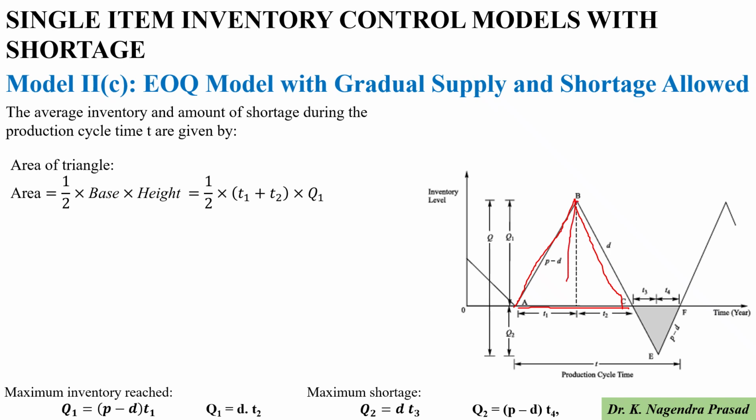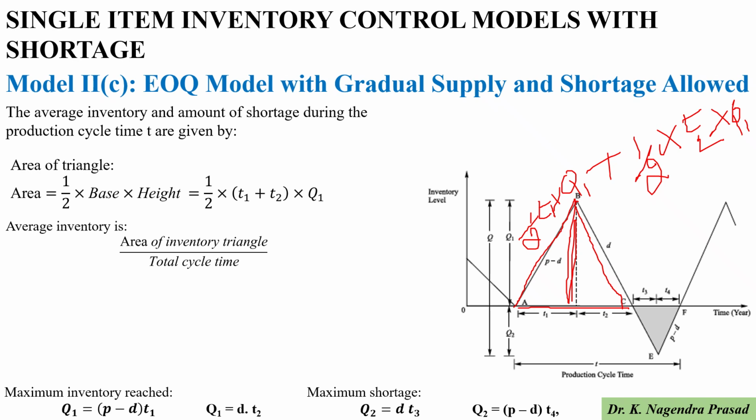There are two triangles: one is half into T1 into Q1, plus another triangle, half into T2 into Q1. So this equation can be written as area equals half into (T1 plus T2) into Q1.